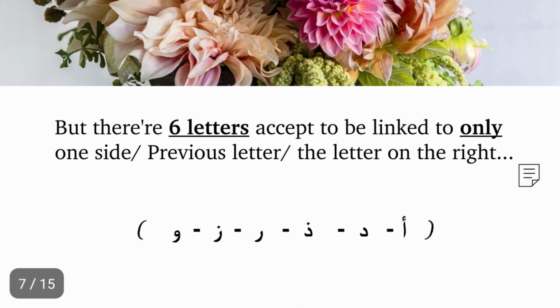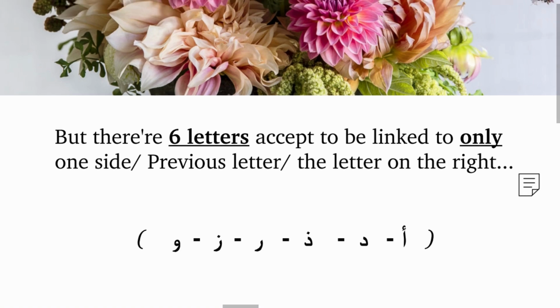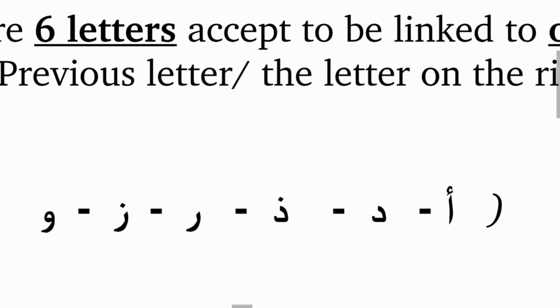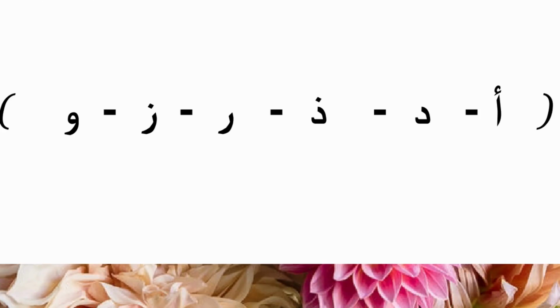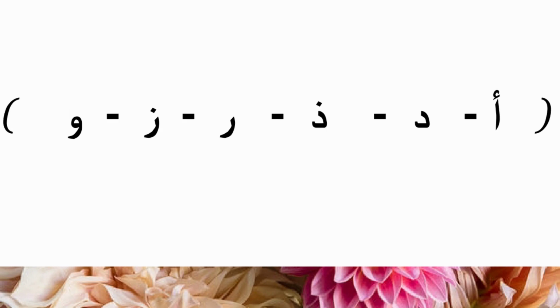But there are 6 letters that accept to be linked only to one side, to the previous letter, to the letter on the right, not the left. Those 6 letters are Alif, Dal, Dhal, Ra, Zay, Waw.